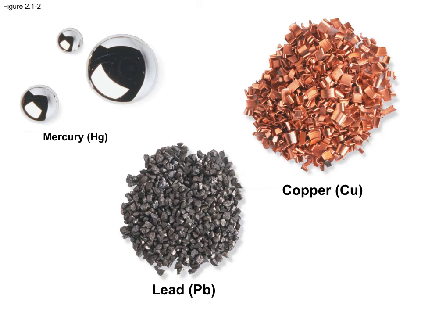So for example, we have mercury, Hg, which derives from its Latin name, hydrargyrum, which means liquid silver. You have lead, Pb, coming from its Latin name, plumbum, and then you have copper, Cu, also coming from its Latin name.